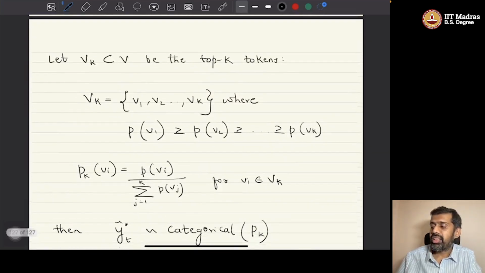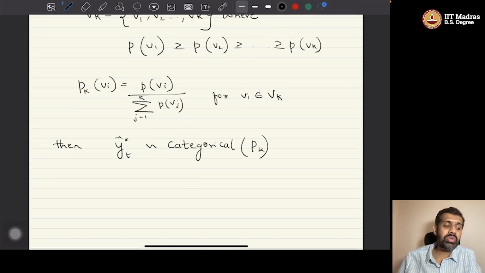So instead of choosing all tokens from the vocabulary, we only choose the top k of them at every time and then sample from it. So this is one way to reduce the risk of sampling bad tokens and so on.